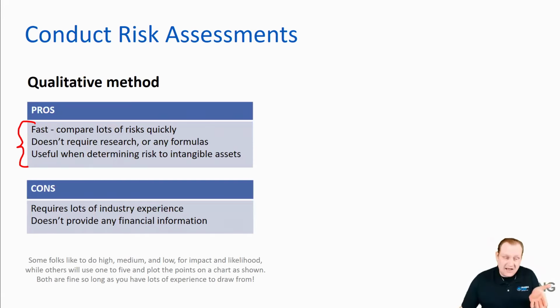So calculating impact becomes almost impossible. We need not worry about this. There's not going to be a formula here. Again, this doesn't require a formula. It doesn't require any form of real research. And thereby it's going to be very good for calculating risks to intangible assets, and fast at that.